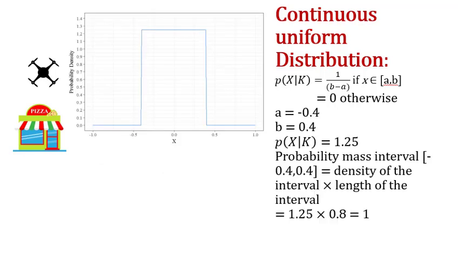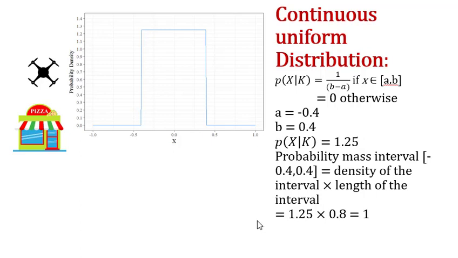Now, how does it look in terms of the typical graphs that we use? This is the look of the continuous uniform distribution. Same density for all the values within an interval, and for values outside the interval, the probability density is zero.